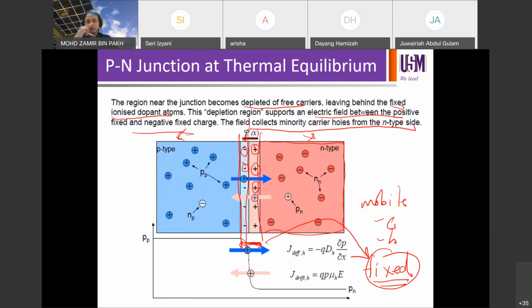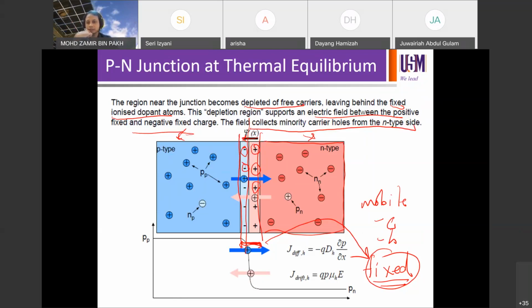The fixed ions have the opposite polarity to the original semiconductor material. We know that P-type is positive, but in the depletion region the charges are negative in nature. And we learned that N-type is negative, therefore the depletion region for the N-type will be positive in nature. Note the opposite sign here, right?